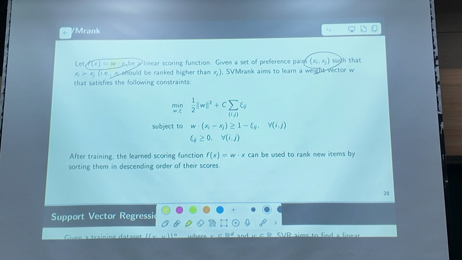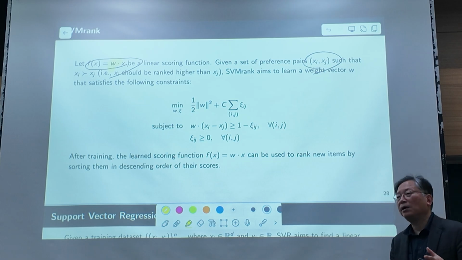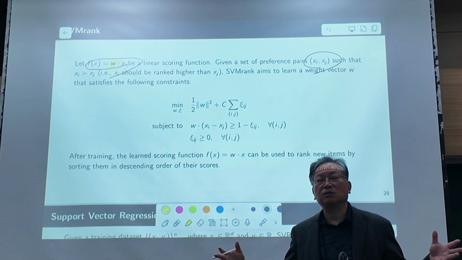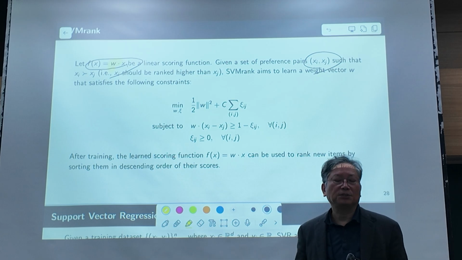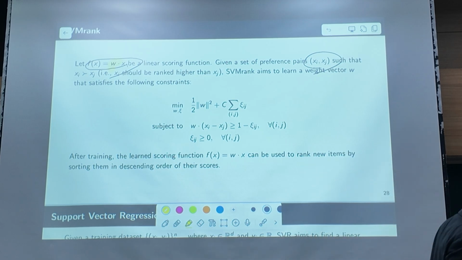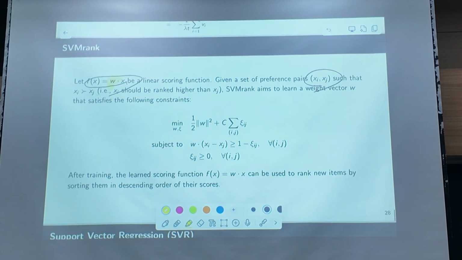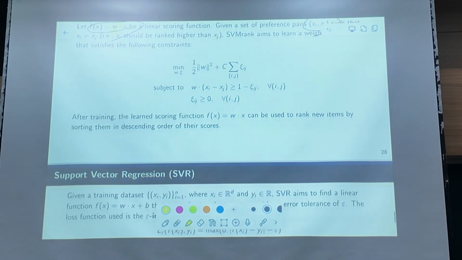It will give you the order. And based on picking these two, you can find the order between these 2 pairs, and then you can find also the rank of the whole set. Okay? So that's how you would do ranking with support vector machine.